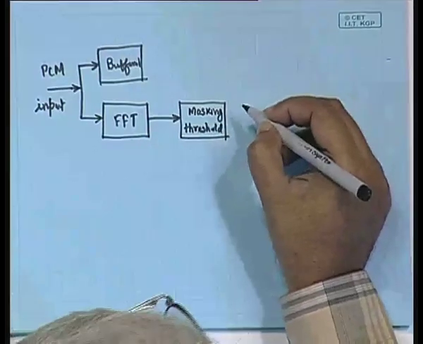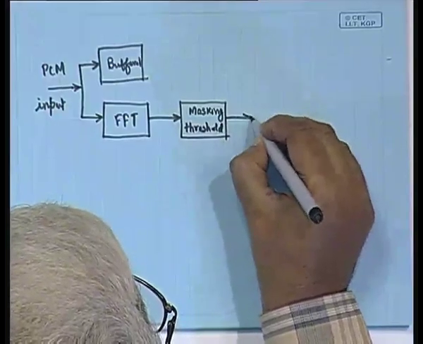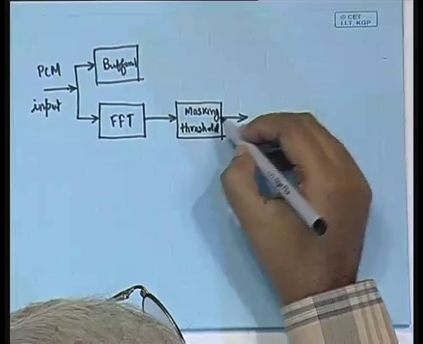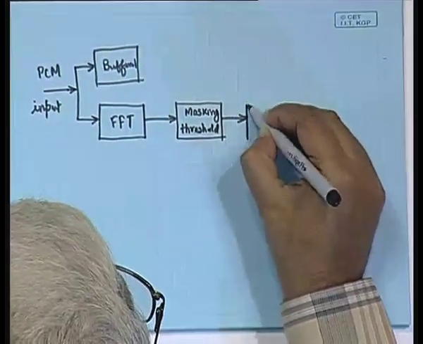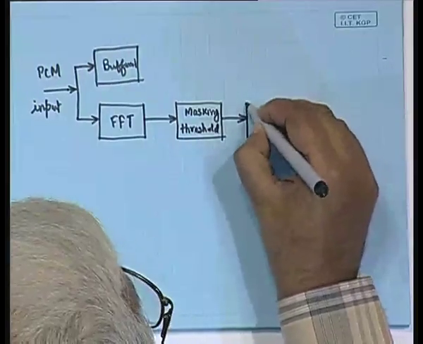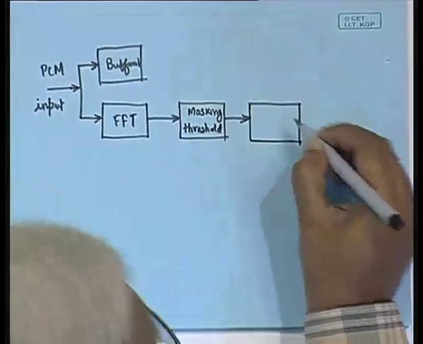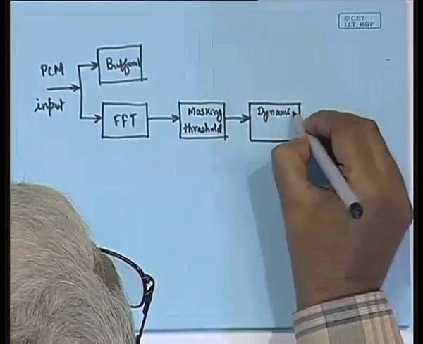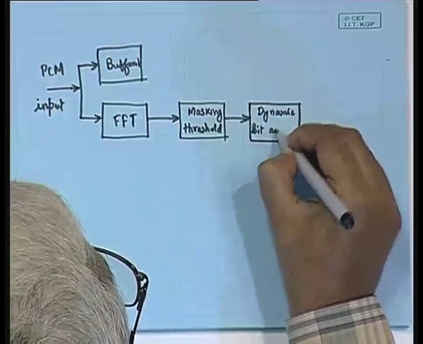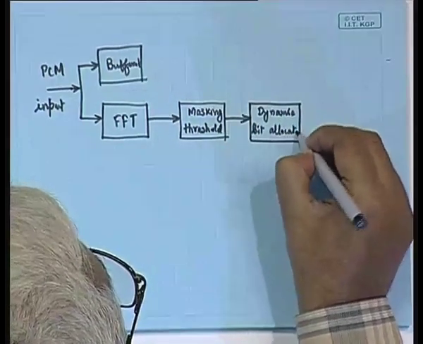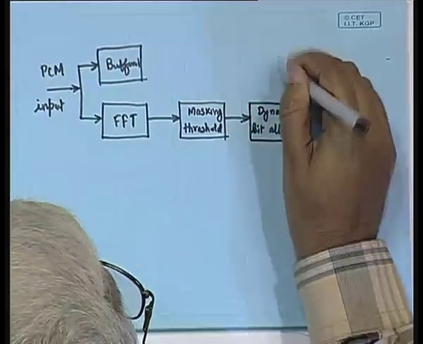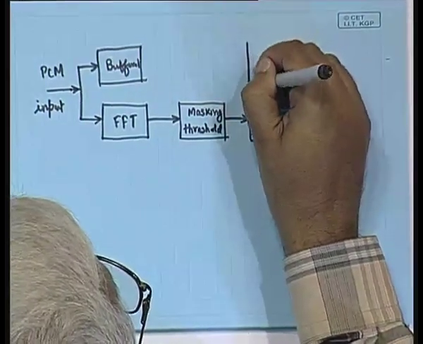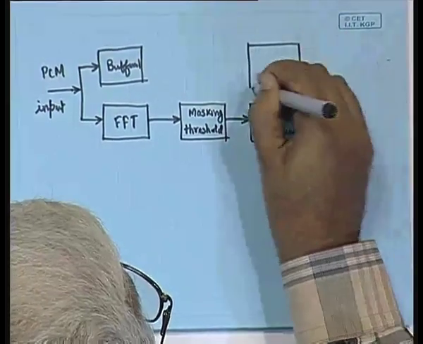So, the masking threshold is computed based on the psychoacoustic observation, and the masking threshold decides the number of bits which are to be allocated. There is a block called the dynamic bit allocator, and this dynamic bit allocator will decide on the bits which will be encoded.